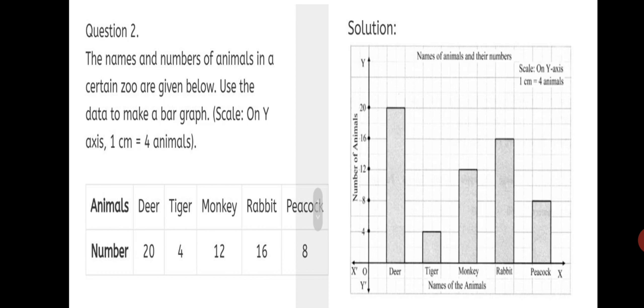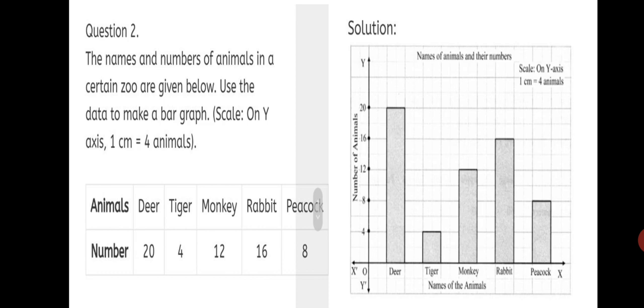So write there, scale on y-axis is what? 1 centimeter is equal to 4 animals. This is already given in the question, so you can just reuse this statement from the question. Scale on y-axis 1 centimeter is equal to 4 animals. So now you have completed your step number 5.